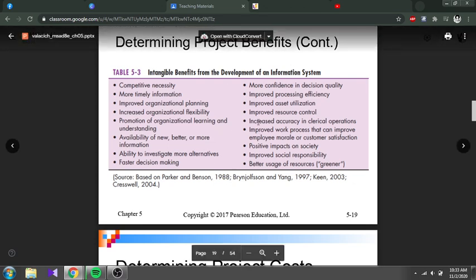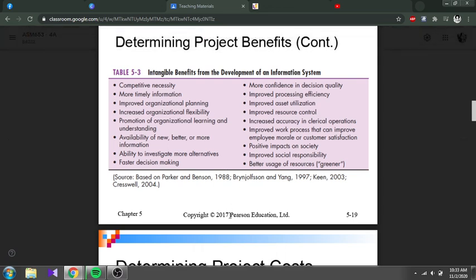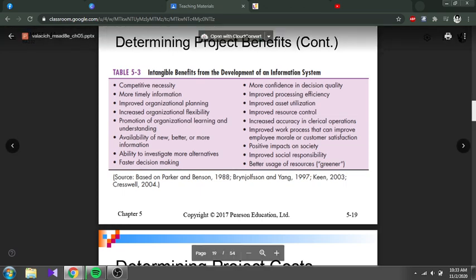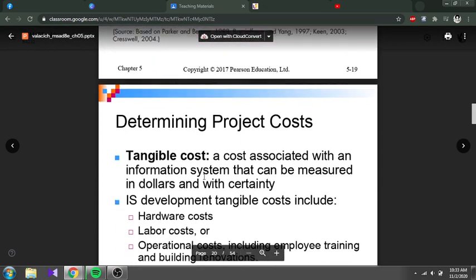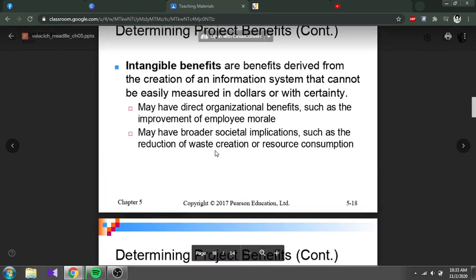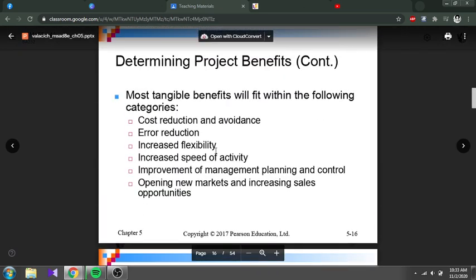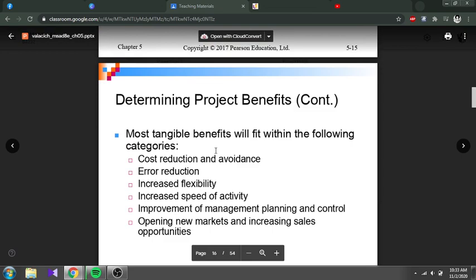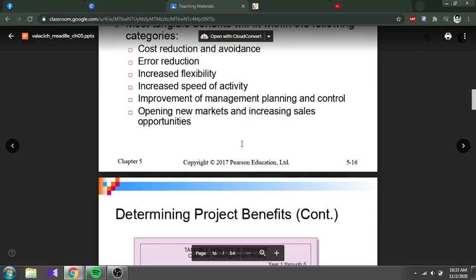Okay, so you can try to measure this kind of intangible benefit by interviewing them, and see what theory you can use. There is some theory you can look at.